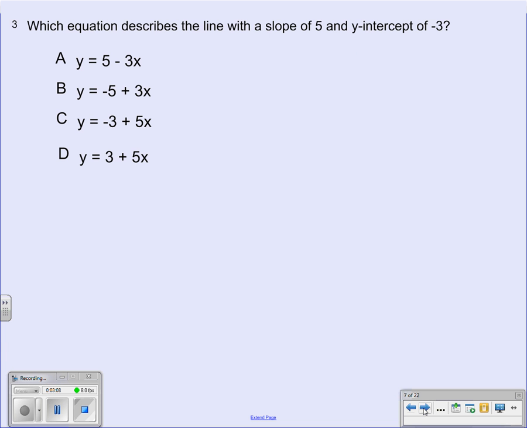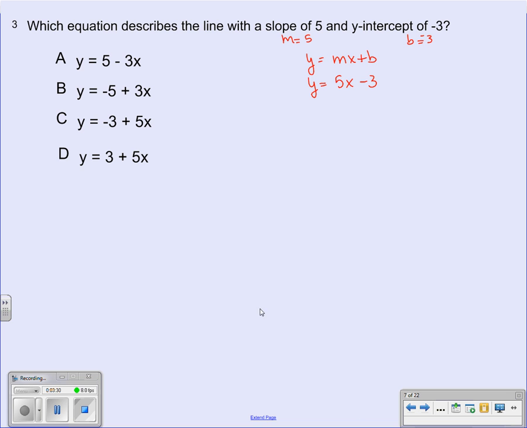Which equation describes the line that has a slope of 5 and a y-intercept of negative 3? So our slope is equal to 5. Our y-intercept is a negative 3. When we write our equation, y equals mx plus b, this will be in the form y equals 5x minus 3.